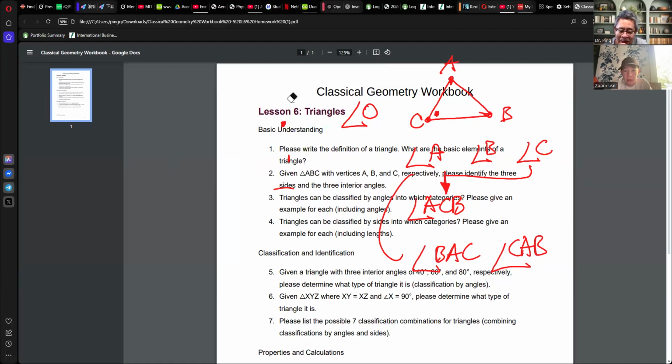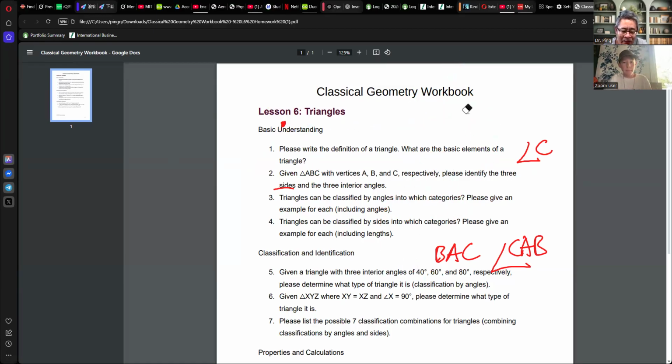All right. Now, number 3: triangles can be classified by angles into what categories? Based on its interior angles, there are three different cases.